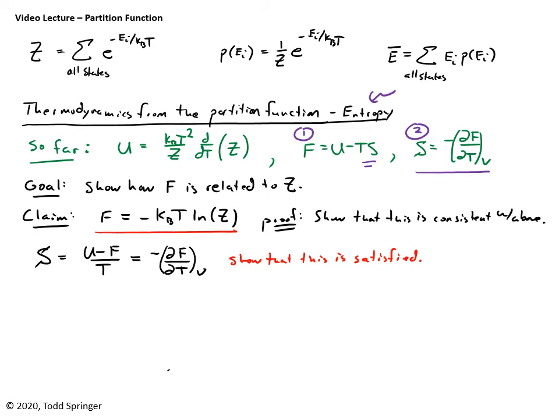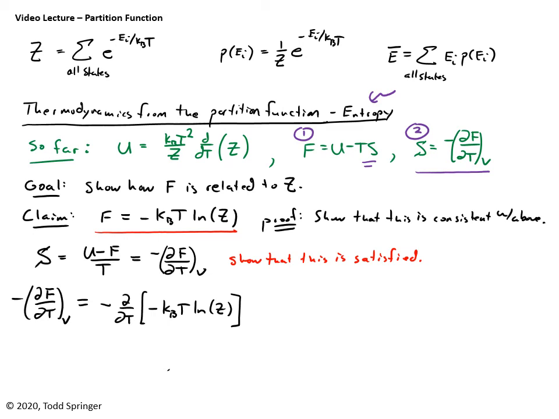Okay, in order to do that, I'm going to take this derivative, dF/dT at constant V, with a minus sign. What is that? I just substituted in for F. There's no V here, so I don't need to worry about keeping V constant because V doesn't appear anywhere, so that's good.